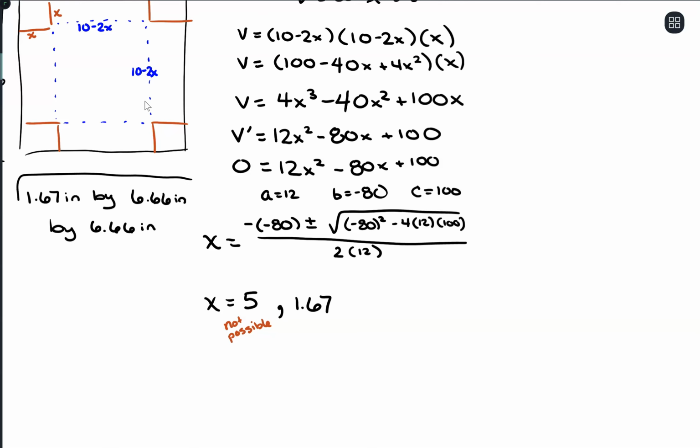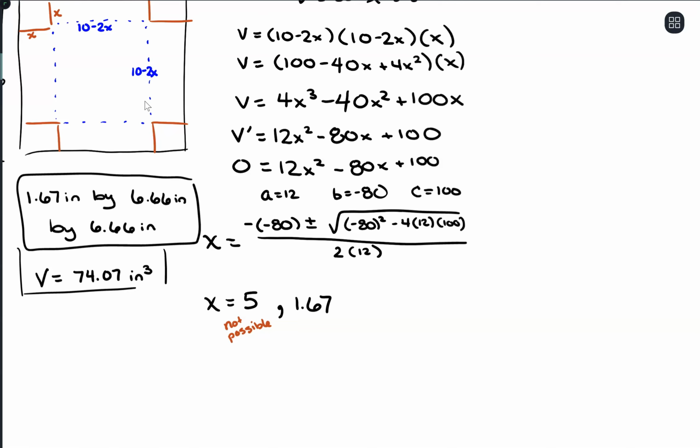So that would be the dimensions that maximize our volume. And then in terms of the actual volume, we multiply those together. There's quite a bit of rounding here. We could have included more decimal points, but close enough. So about 74.07 inches cubed would be our maximum volume.